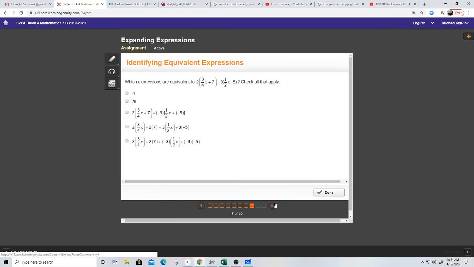Can you identify the equivalent expressions? Well, this is interesting. Negative 1 and 29.